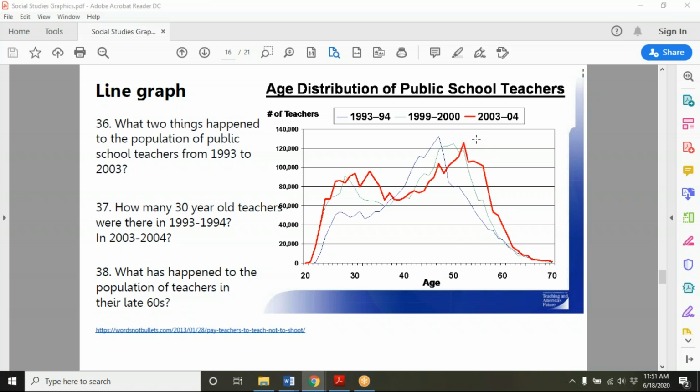Okay. So what two things happened to the overall population from 93 to 2003? Now, it's the dark blue line and the red line. I do kind of see two significant differences. First, what happens to the peak?